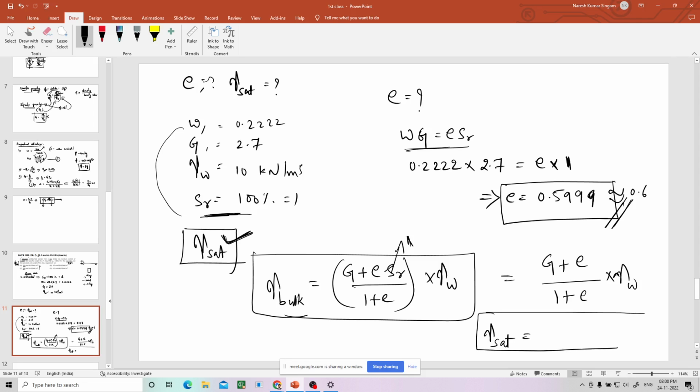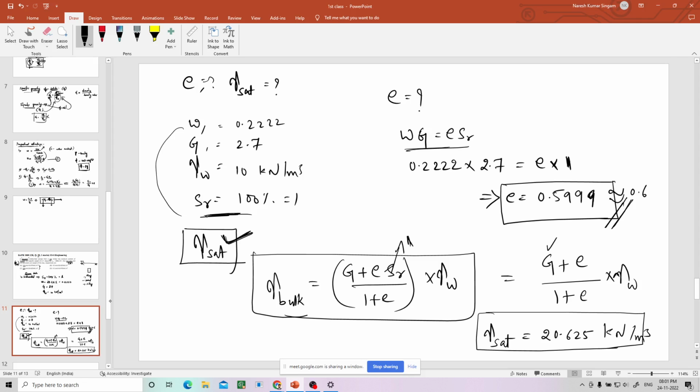Can you please calculate and tell me, or should I calculate? 20.625 kilonewton per meter cube.